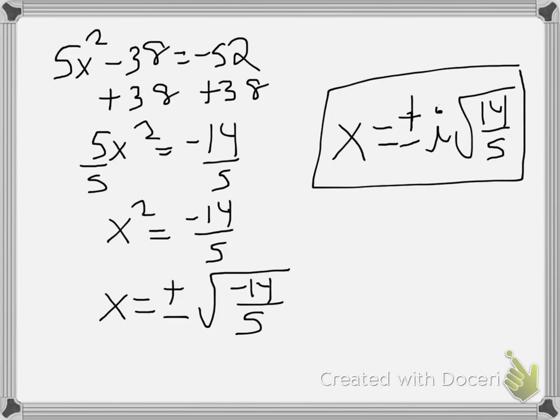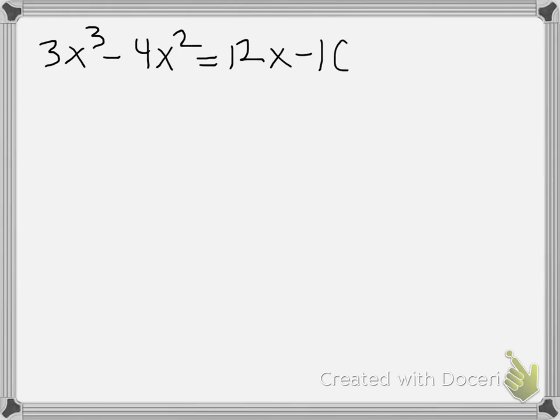Okay. Next was number 14. We have 3x cubed minus 4x squared is equal to 12x minus 16.